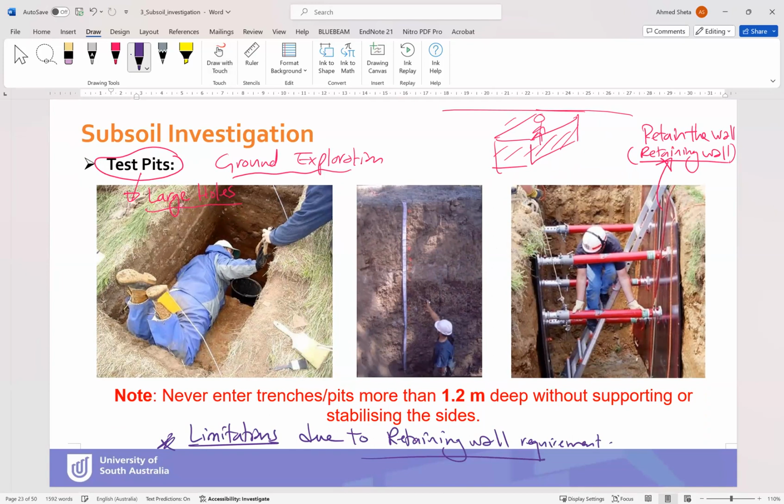Okay, and also it will not be very safe because you are at risk of soil failure at any stage. So that's why it is not the safest option to do the ground exploration. Okay, as you can see here, also you cannot go very deep.